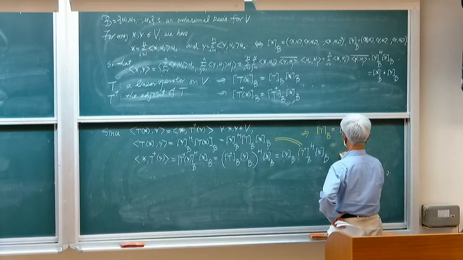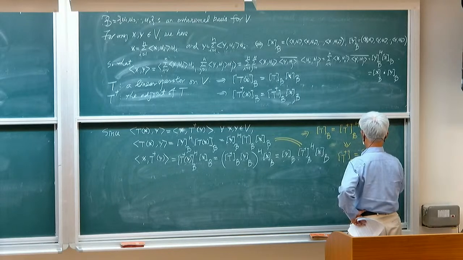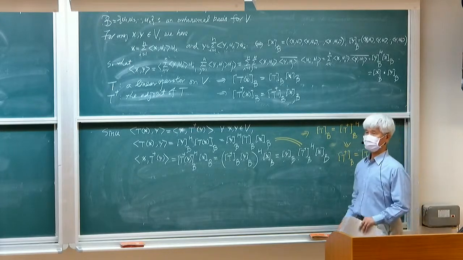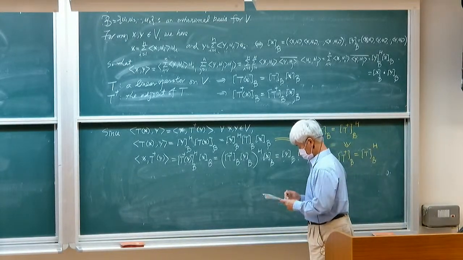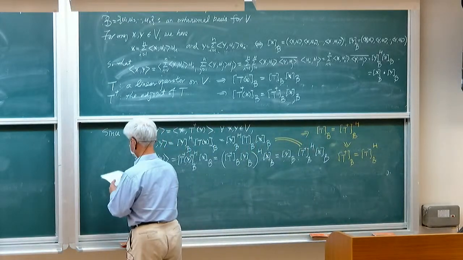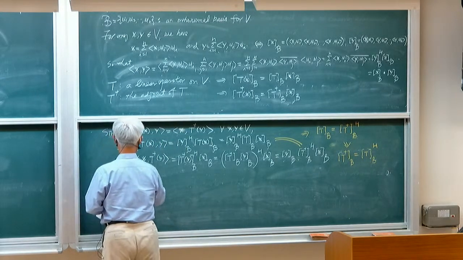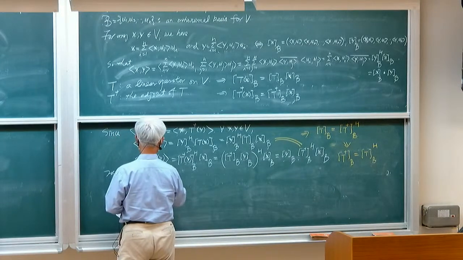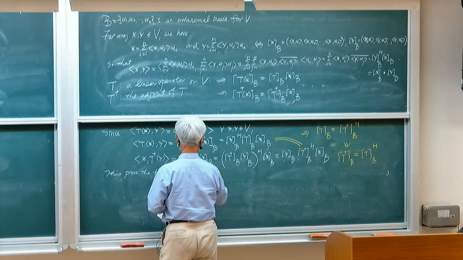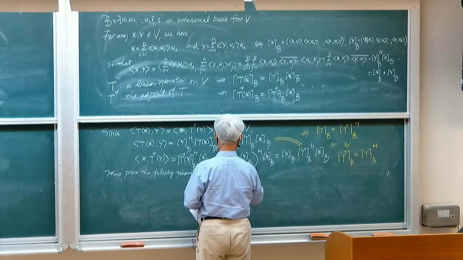All right, so this implies that T dagger B is equal to the Hermitian of the matrix representation of T. Okay, so this proves the following generalization of the previous example.